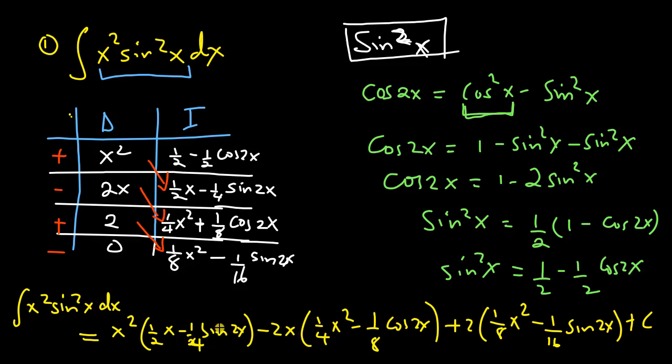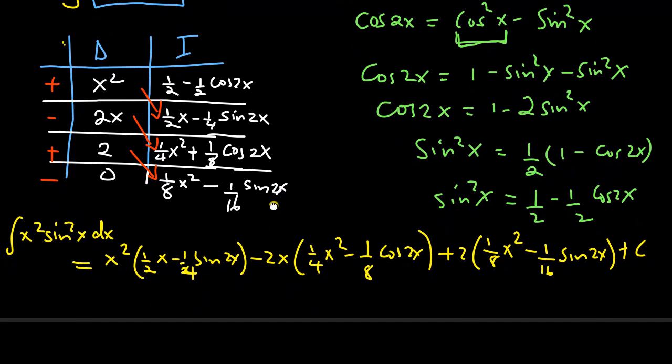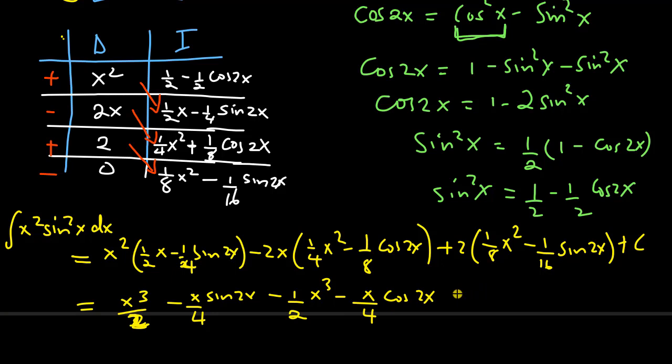I've run out of space, but this can be simplified further, so let me just do this. If I multiply these terms inside, that's going to be x cubed over 3, over 2, that's 2 here, sorry about that, minus x over 4 sine 2x minus a half x cubed minus x over 4 cos 2x.